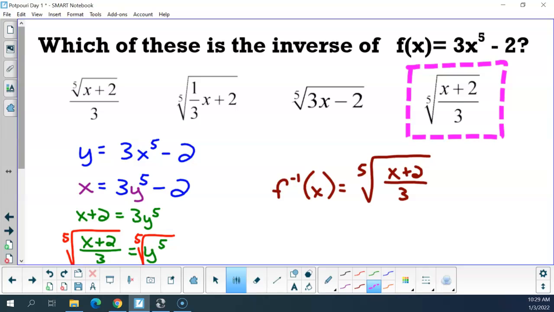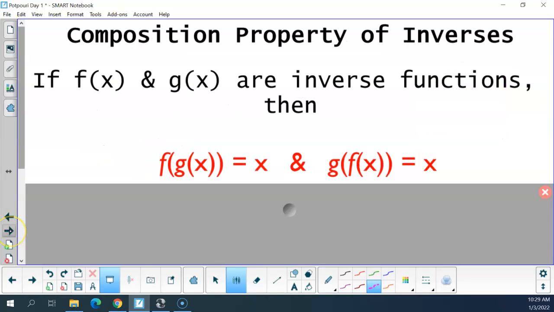Okay? Alright, so now here's the kicker. That one right there. So the composition property of inverses. If f of x and g of x are inverses, then this statement has to be true.